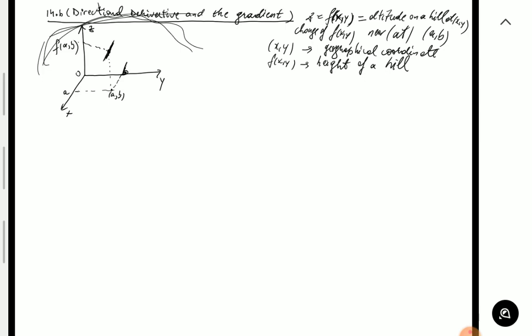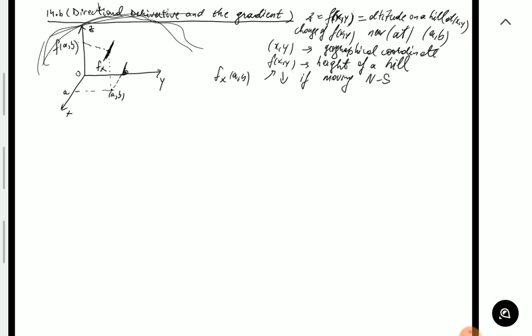And that's given by the partial derivative with respect to x, the variable that still changes. So basically, in this interpretation, partial x at (a, b) estimates whether you go up or down if you move north-south.